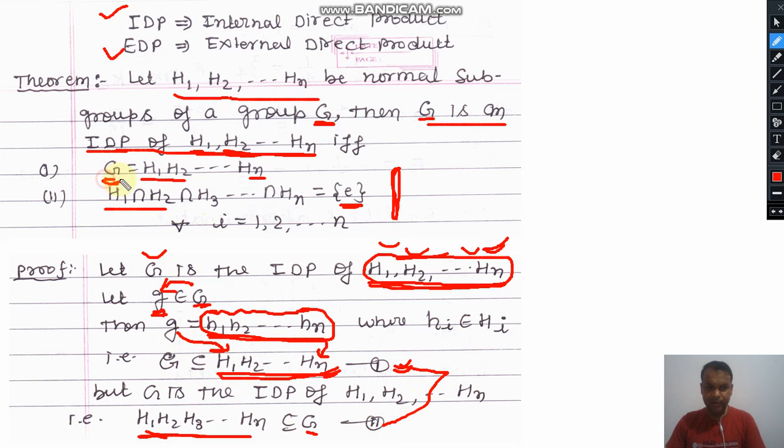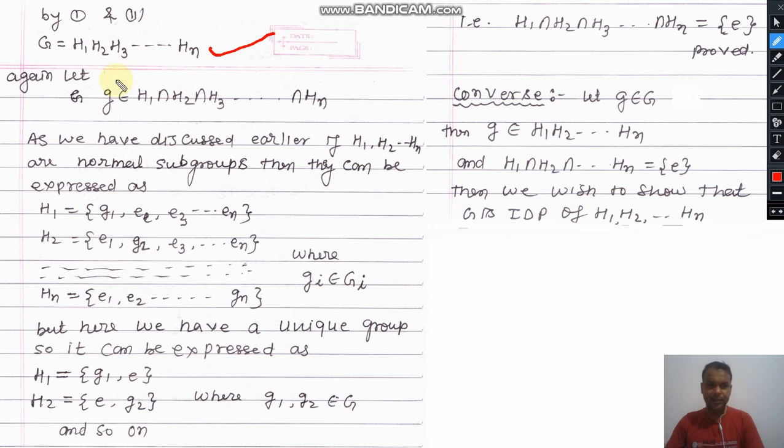So G will be equal to the product of H1, H2, H3 up to Hn. So this is the required result.